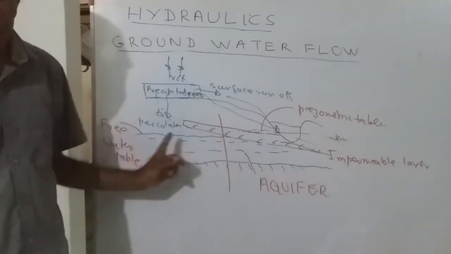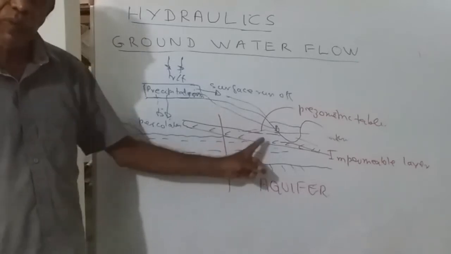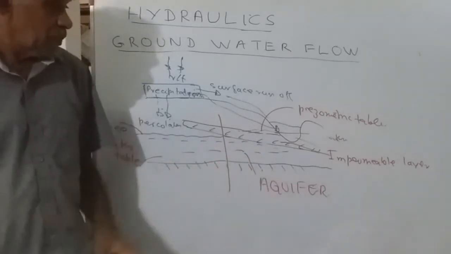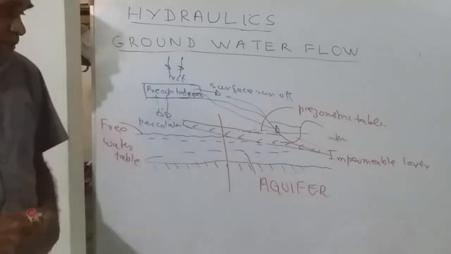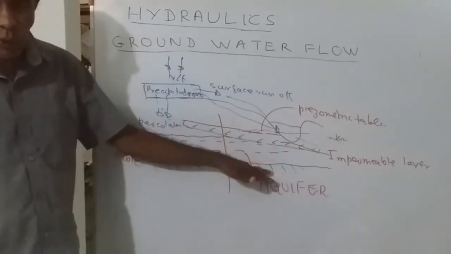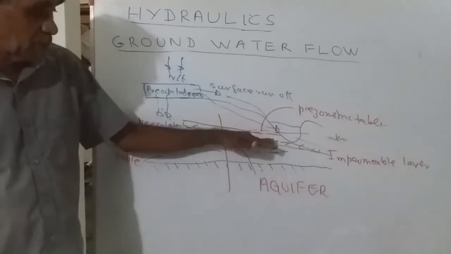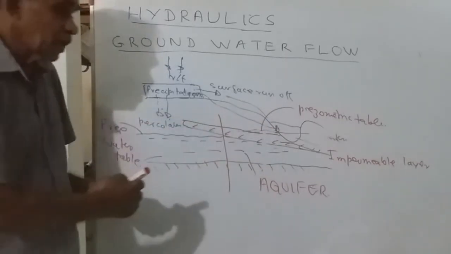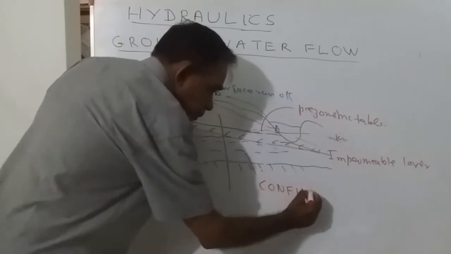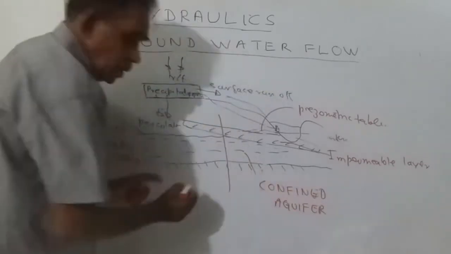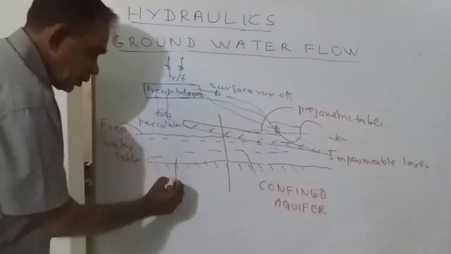One with a free water table, the other without a free water table but with a piezometric table. So those confined between two rock layers, or two impermeable layers, we call a confined aquifer. And this part is called an unconfined aquifer.